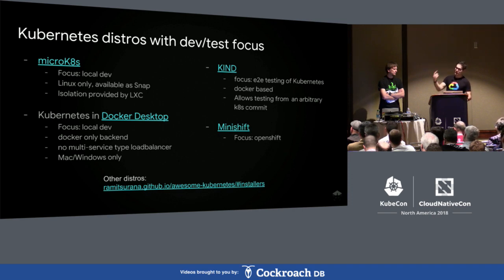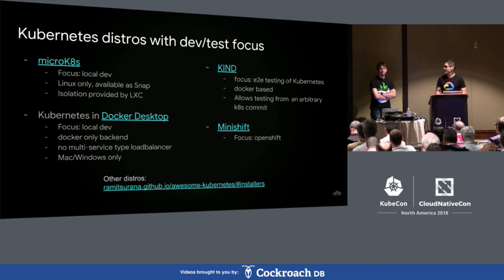It spins up all the components as Docker containers, and then everything is running in Docker containers. So there's no more isolation than that, or no other layers. So it's very lightweight. It is useful for local development as well, but it's mostly very useful if you want to actually develop Kubernetes.